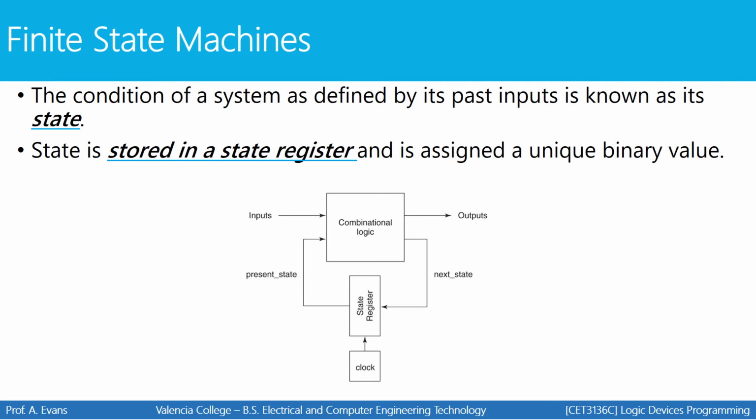So any unique output is going to be a particular state of your FSM. State is stored within the state register, which is right here, and it is assigned a unique binary value. So state can be 0 or 1, or it can be a vector of zeros and ones. And each state will have a different meaning depending on the circuit that you're trying to design and the output that you're trying to produce.